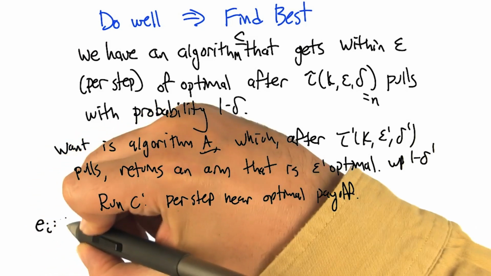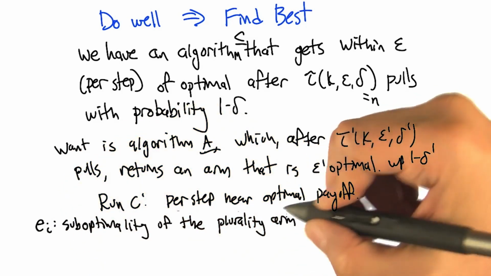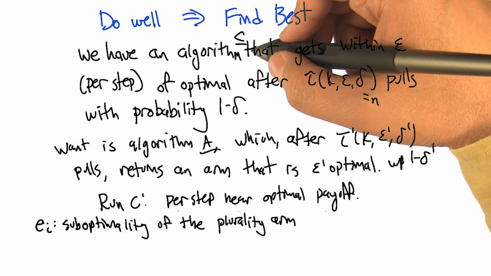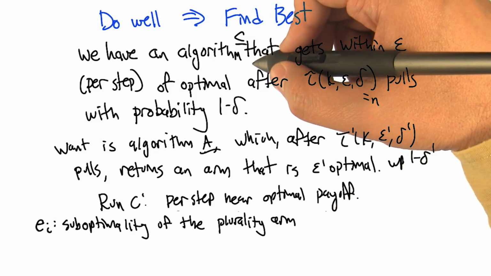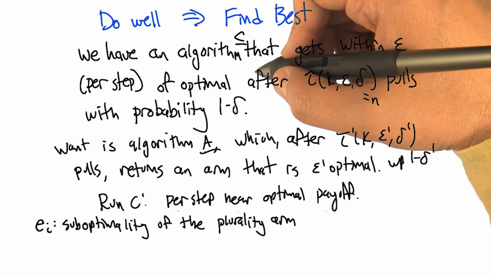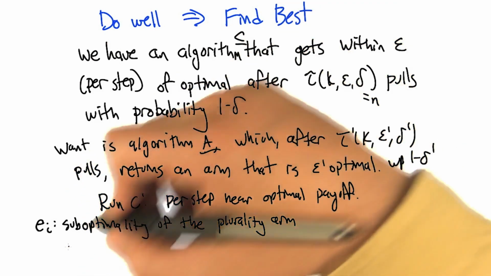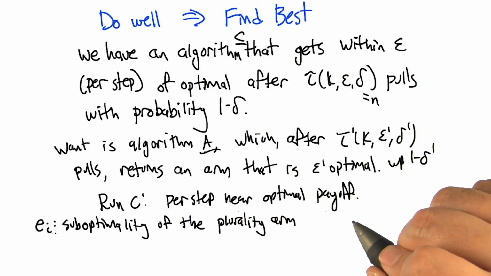We'll call it E sub I, and that is the suboptimality, or the error, of the plurality arm chosen by algorithm C. So there's going to be some arm that gets chosen more than the other arms, or as much as the other arms, but no less than any of the other arms. And we'll call that arm I, and E sub I is the suboptimality of that arm.